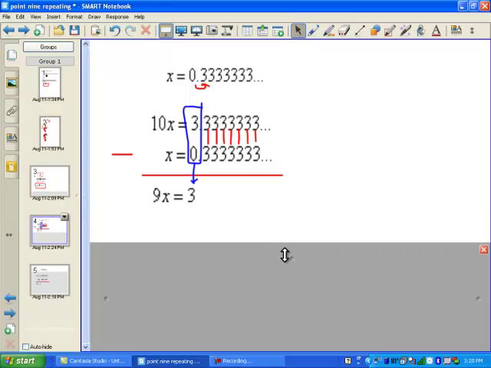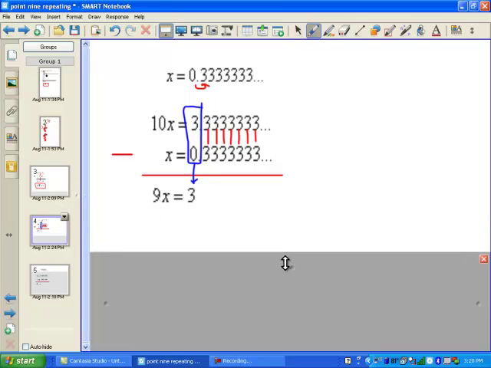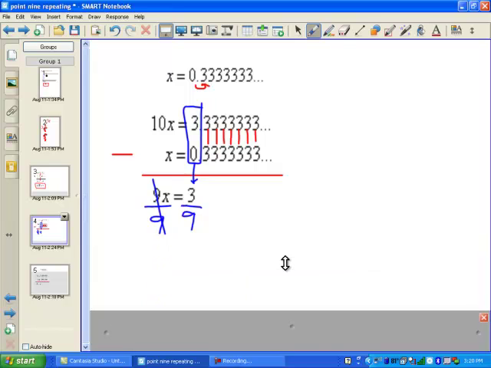And I think you have enough experience with algebra at this point to know that you solve this equation by dividing both sides by 9. And when we divide the left-hand side by 9, the coefficient of x, which is 9, cancels with the divisor of 9, leaving us with 1x, and 1x in this case is 3/9, which is 1/3, right?